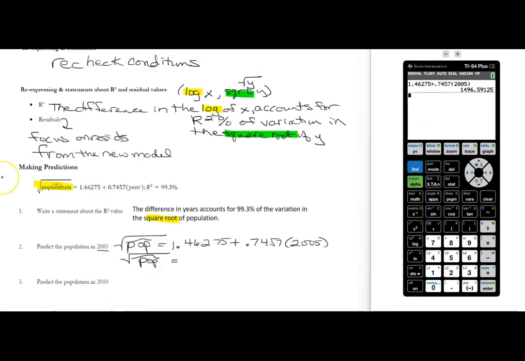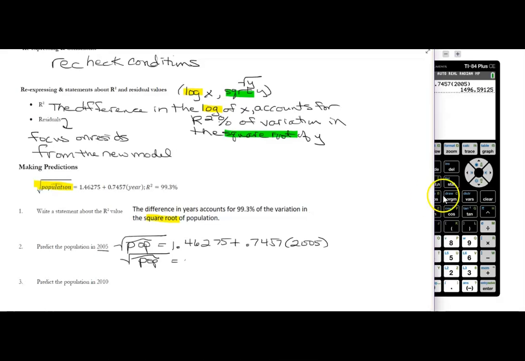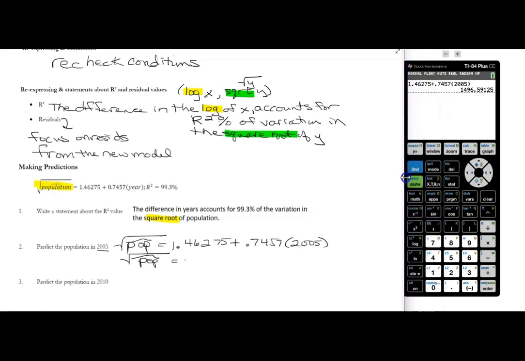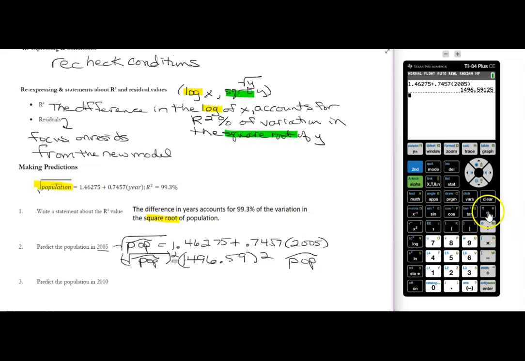When I plug it into my calculator, I get 1,496.59. Now we just have to solve this. To get rid of a square root, you have to square both sides. So now for my population, I'm going to take my answer and square it.